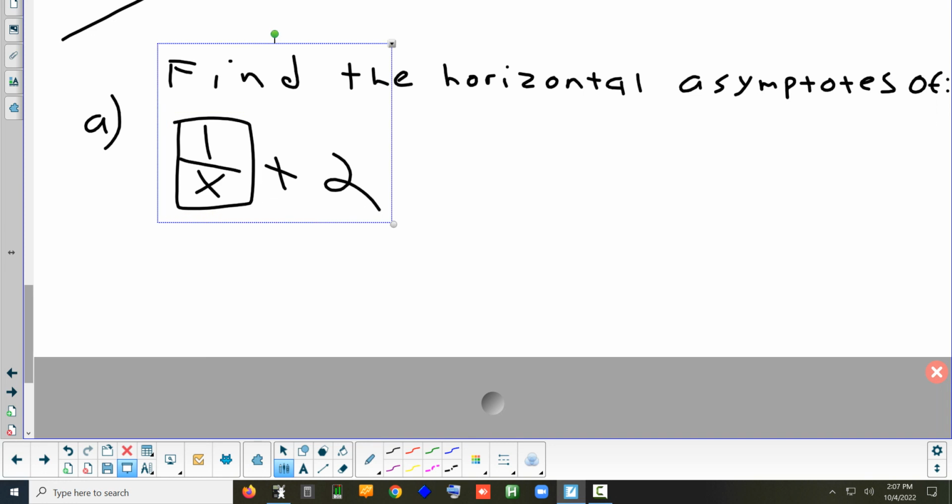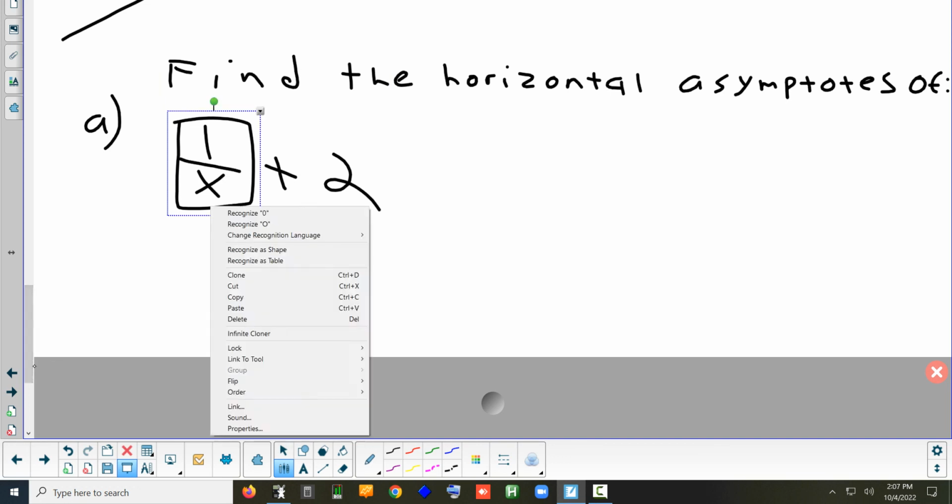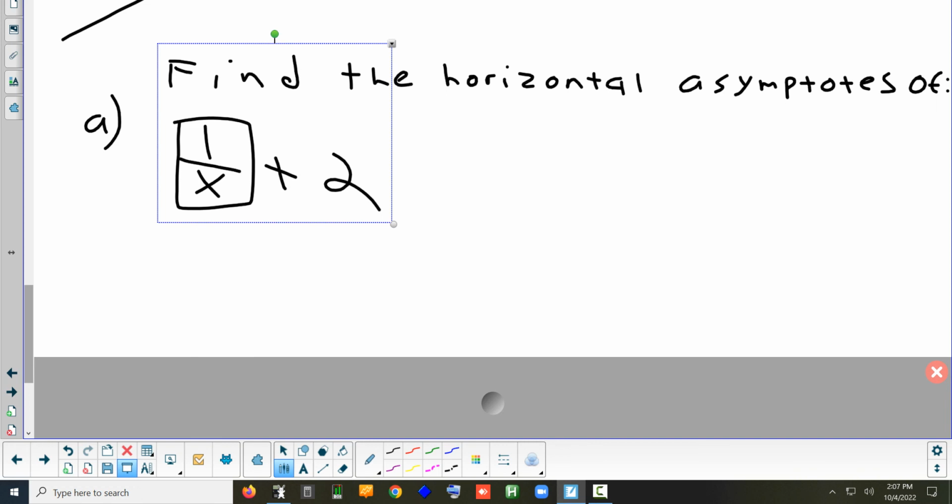If x is 1,000, you'd have 1 over 1,000. If x is 1,000,000, you'd have 1 over 1,000,000. That's very, very small, but it's not 0. Now, if you take something that's extremely small, basically approaching 0, and you add 2, what number do you basically get? 2. Right?